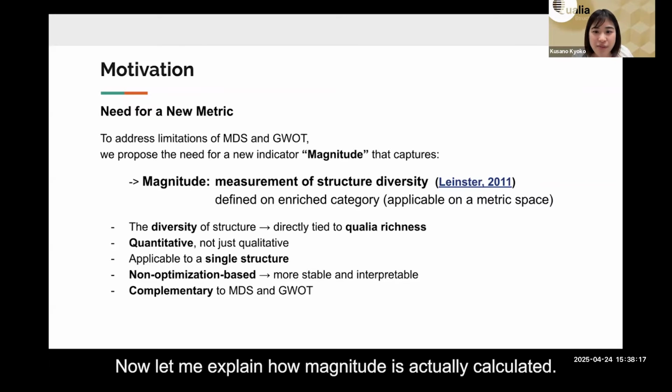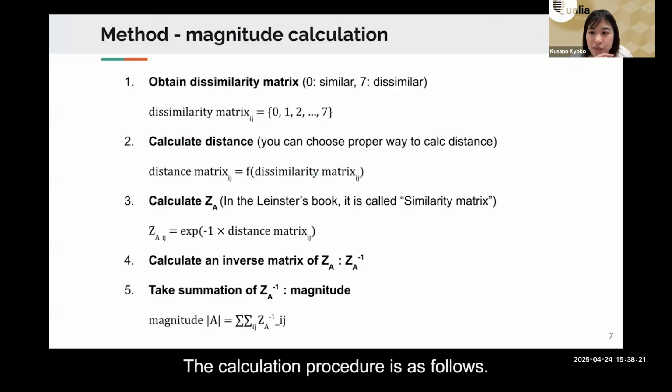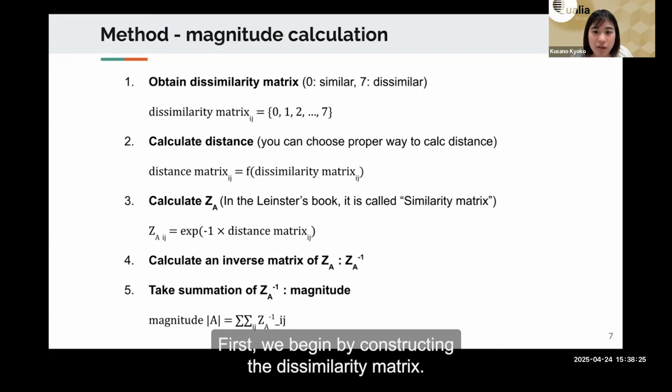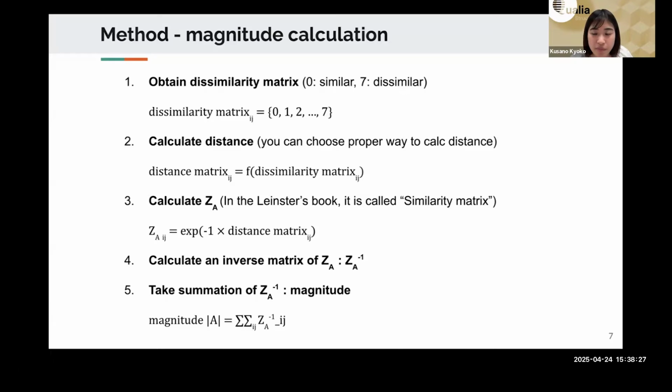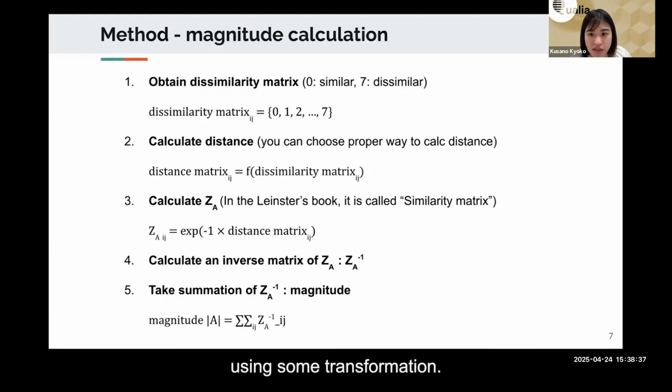And now let me explain how magnitude is actually calculated. The calculation procedure is as follows. First, we begin by constructing a dissimilarity matrix. Let's assume it is a matrix with values ranging from 0 to 7. And we then convert this matrix into distances using some transformation.